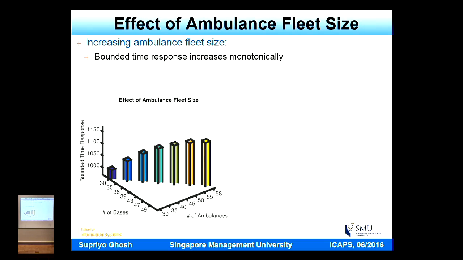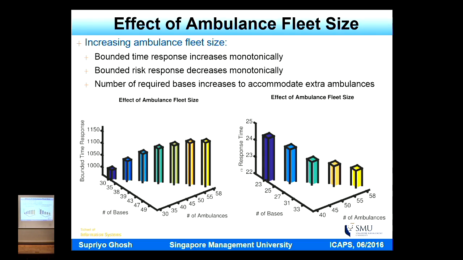In the next set of results, we show the performance by ambulance fleet size. Here in the x-axis we vary the number of ambulances, in the y-axis we show the number of bases required to accommodate those ambulances, and in the z-axis we show the number of requests that are served within 15 minutes. You can see that as we increase the number of ambulances, the performance of the system increases monotonically.